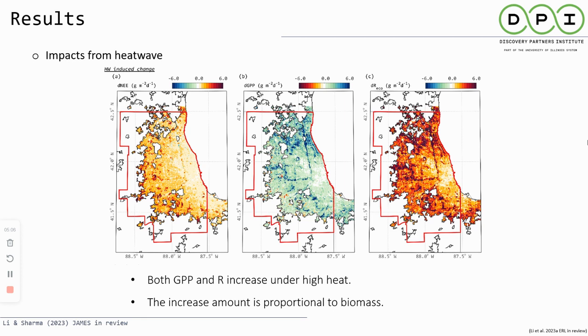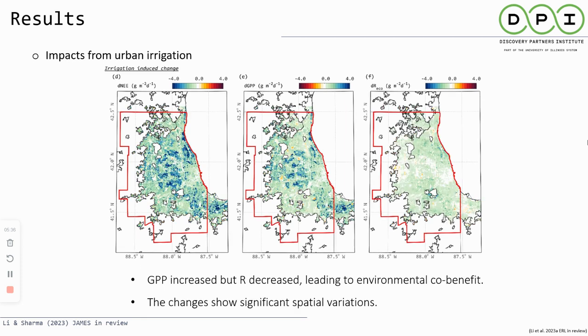Both GPP and R increase under high heat, meaning when you raise the temperature, all the metabolism and chemical reactions increase, so both activities increase. The increase amount is proportional to the biomass. That matters when you plan to plant trees in some regions versus another, because it will actually change the carbon pool of that region and also the sequestration rate of that region.